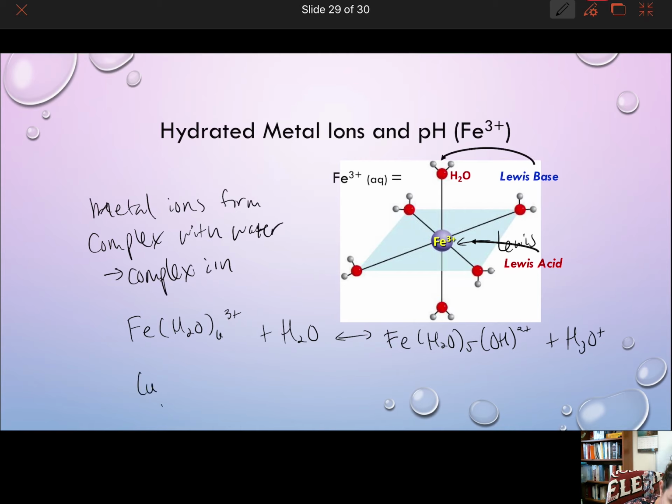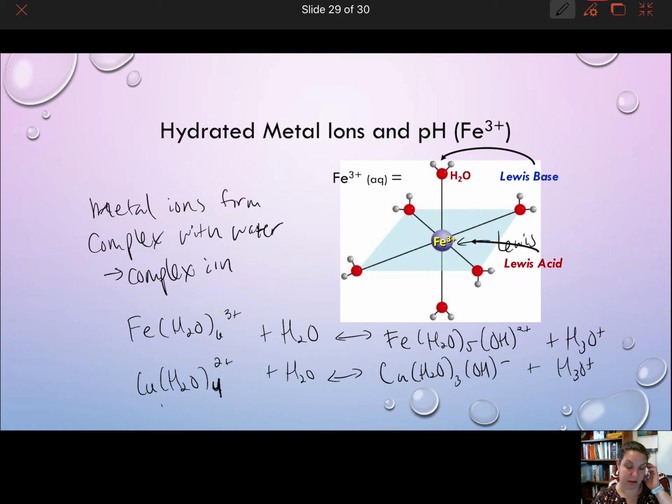So a hydrated copper species, tetrahydrate, will react with water, and it'll produce this copper water hydroxide species and hydronium. So these hydrated metal ions are very acidic in nature.